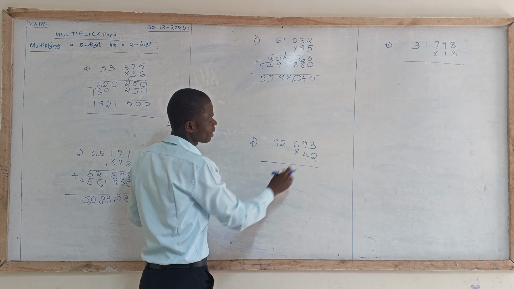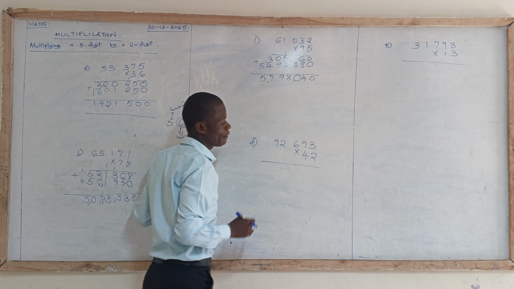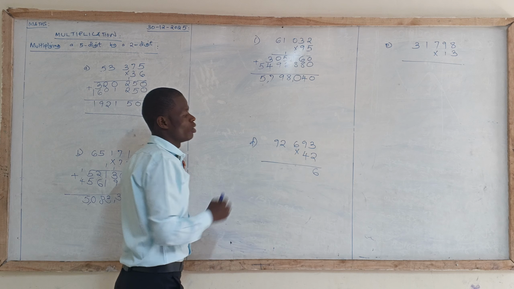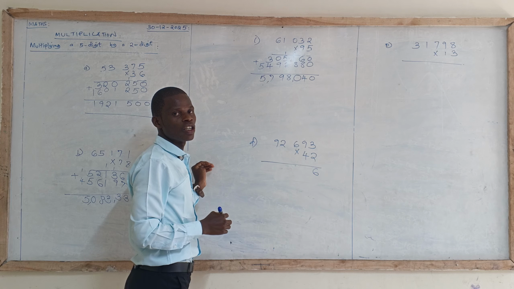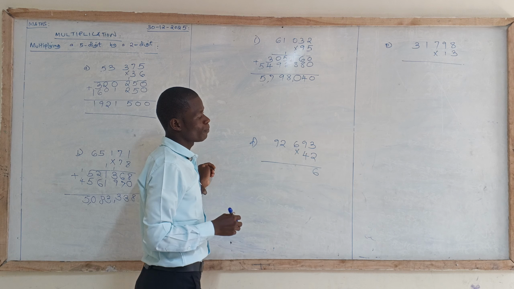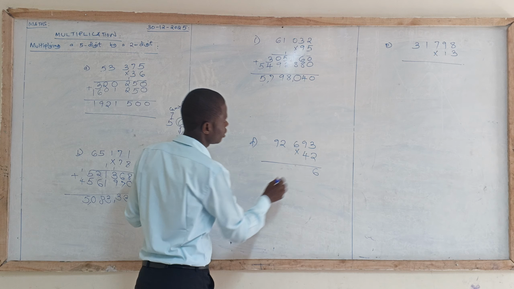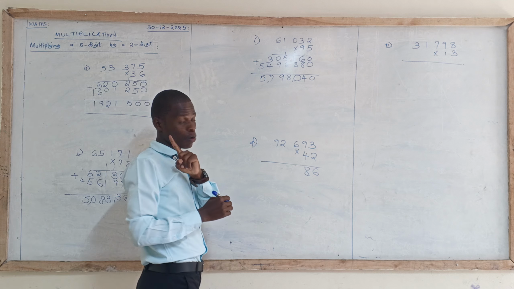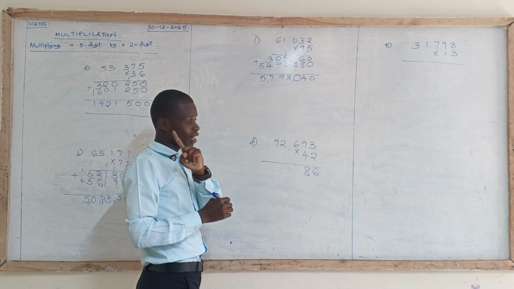So let us start. This now, 2 times 3, what do you have? This is 6. Are we carrying anything? No, we're not carrying anything. 2 times 9 here, we have 18. We write 8, we carry 1. Remember now we are carrying. Be careful when we are carrying.